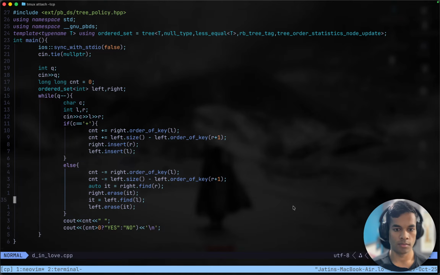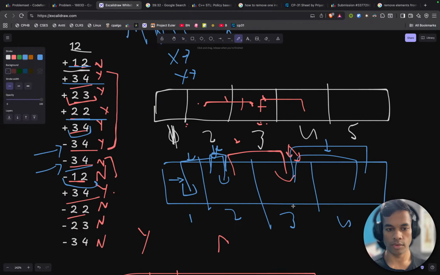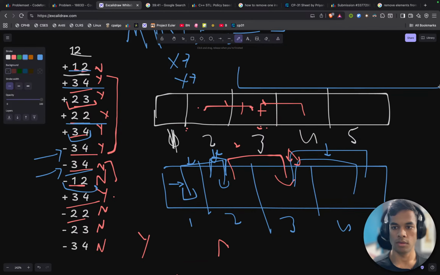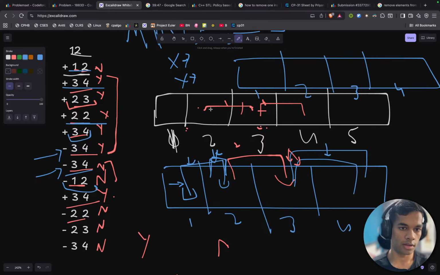Okay. Minus 2. And when we were removing, the only segments we had in this whole thing, 1, 2, 3, 4, we had removed 3, 4 both of the times.